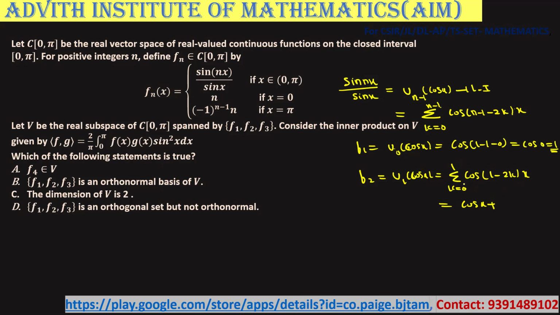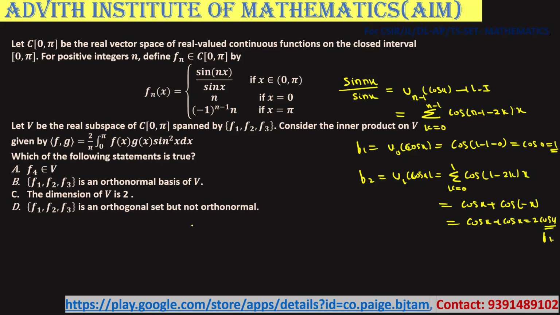Plus k is equal to 1 అయితే cos of 1 minus 2, cos of minus x అండి. Cos of minus x is also equal to cos x. So cos x plus cos x, which is equal to 2 into cos x. మనకి ఇంతకు ముందు సేమ్ వచ్చిందిగా F1.